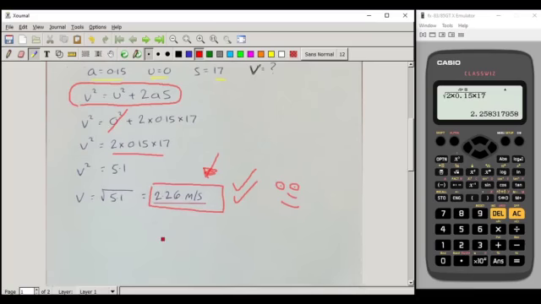And 1 meter per second is roughly 2.2 miles per hour. Just in case you wanted to put a bit of miles per hour on it. So we've got 2.26 times by roughly 2, it's a bit more than 2.2. So this is about 5 miles an hour.